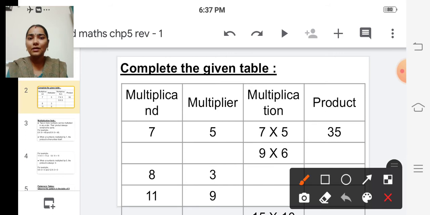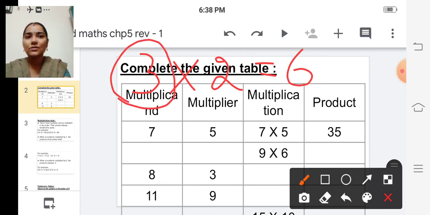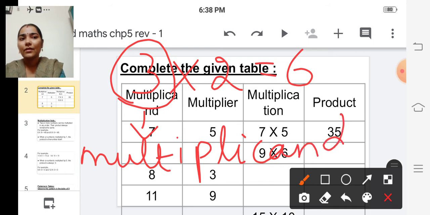The number by which we multiply is called multiplier. See here, 3 into 2. 3 twos are 6. So here the number to be multiplied is 3, so 3 is multiplicand, and 2 is multiplier.